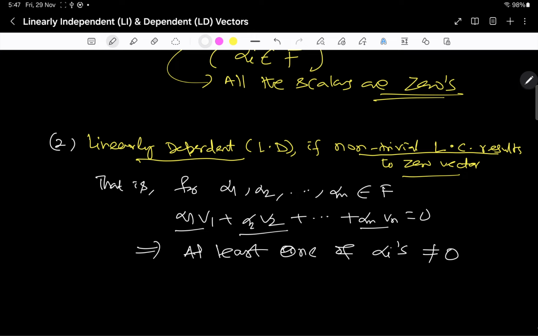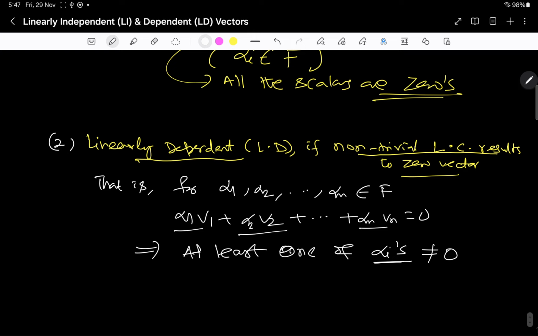More than one scalar may be non-zero, but if at least one scalar is not equal to 0, then this is called a linearly dependent system.